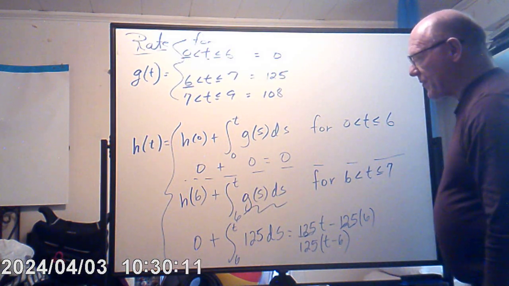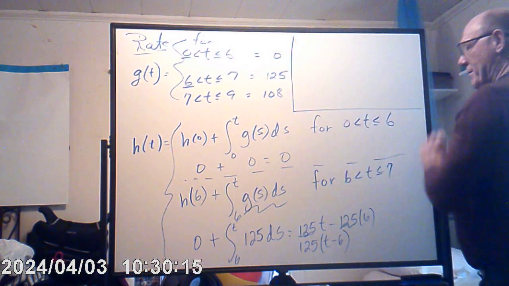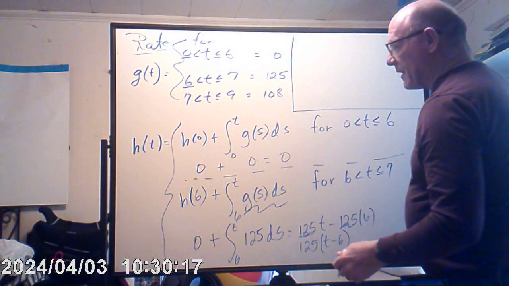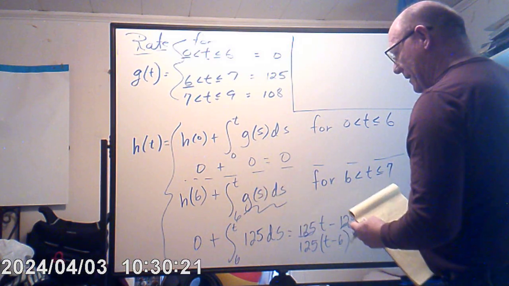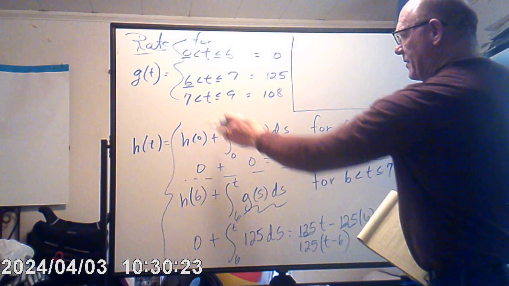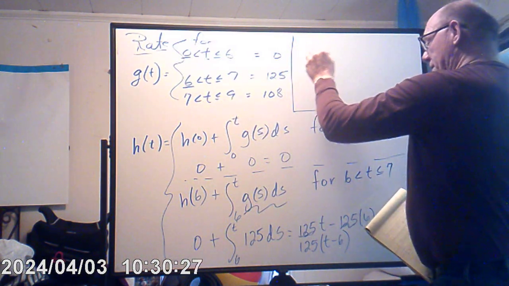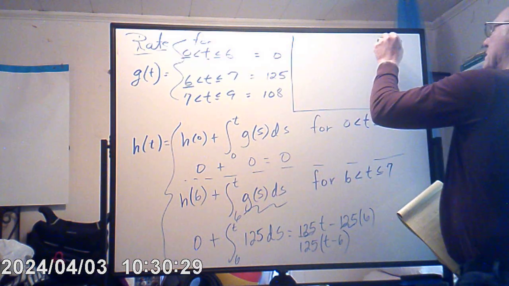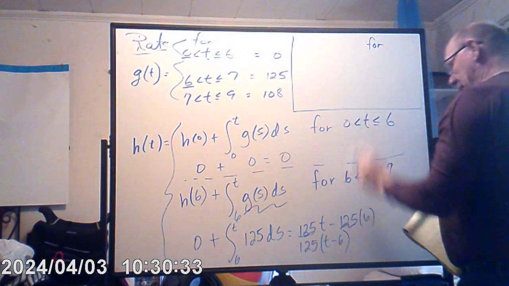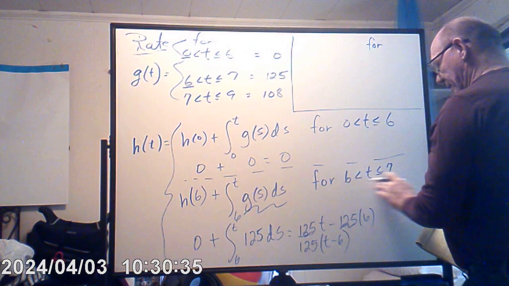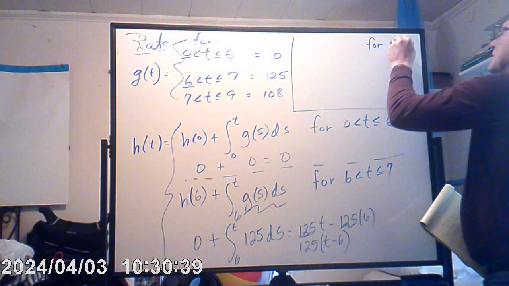And of course the third one, we'll just have to put it up here somewhere. I should have written a little smaller, right? So now we want to do h at 7. Let's say for t being between 7 and 9, I'm saying.